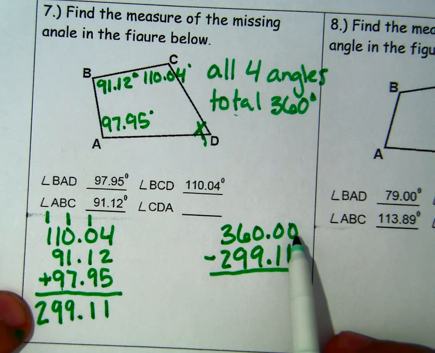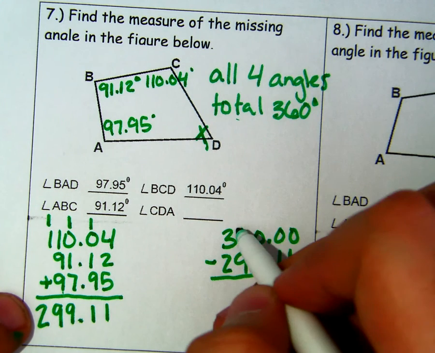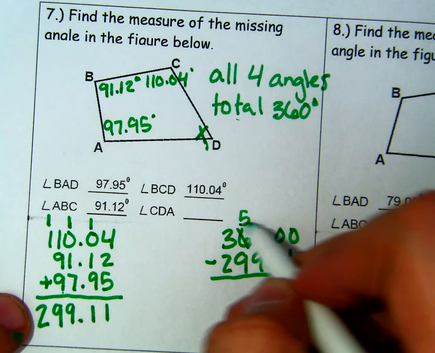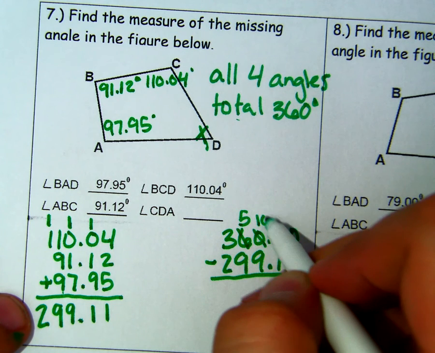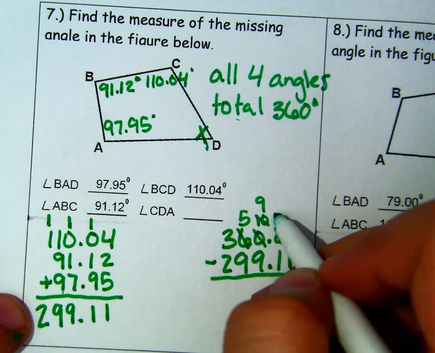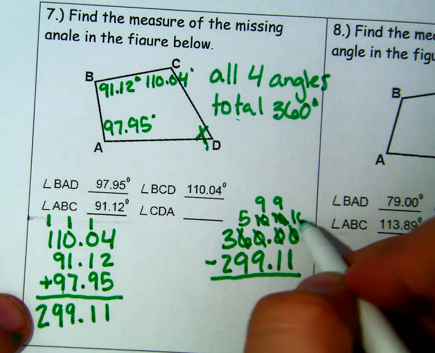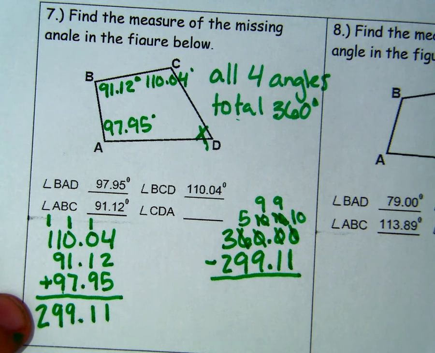Can't take 1 away from 0, so I need to borrow. I can't borrow from here, can't borrow from here, so we'll borrow from the 6. That'll make 10, but I need to borrow some more. And I'll borrow all the way up until I have something here that I can then subtract.